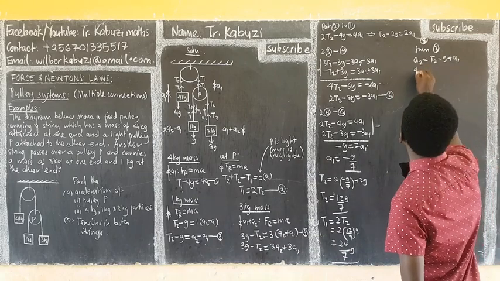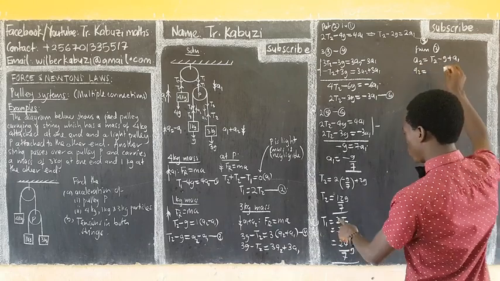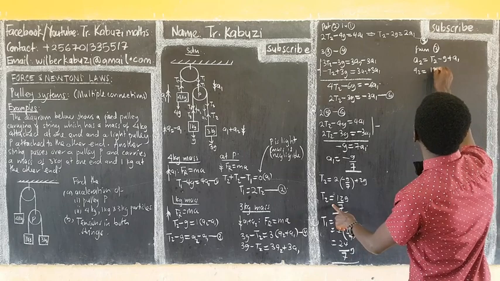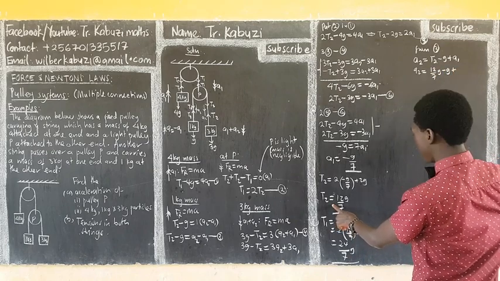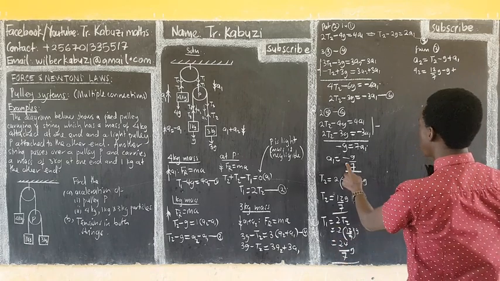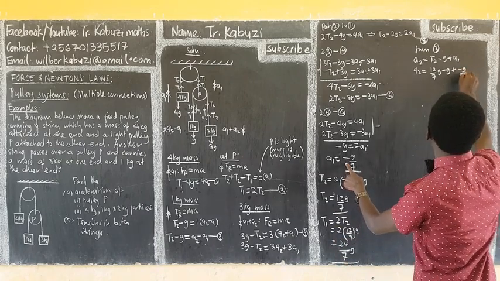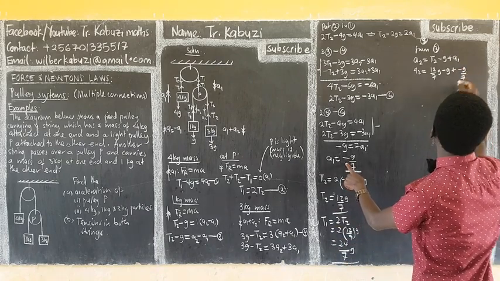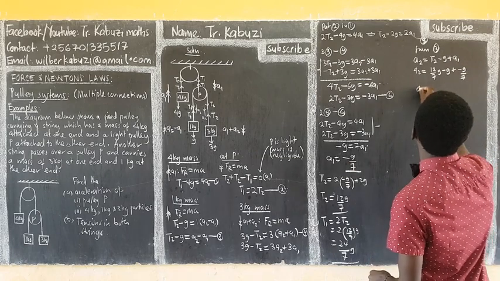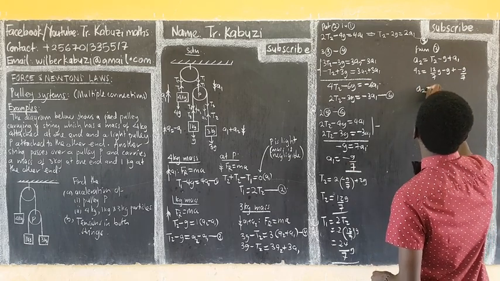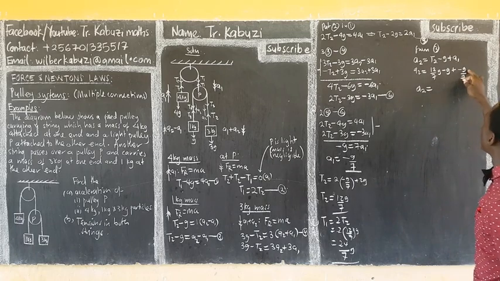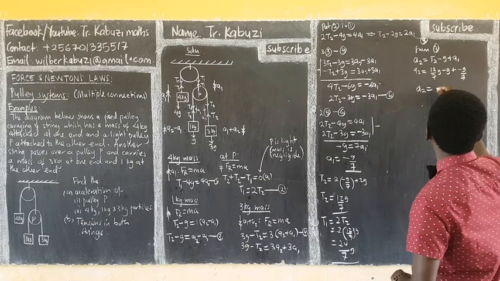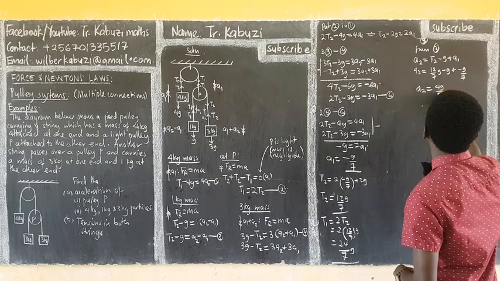So my A2 now will be our T2, which is 12 over 7b minus b, then plus A1, where A1 is negative b over 7. So now our A2, from there, we shall get 11, 11 minus 7, that's going to be 4b over 7.